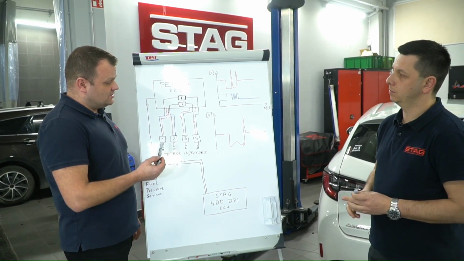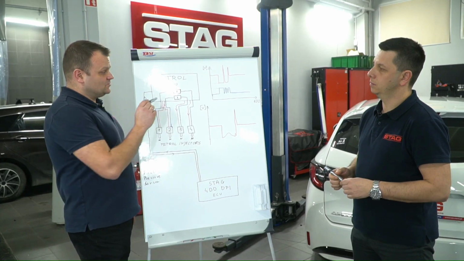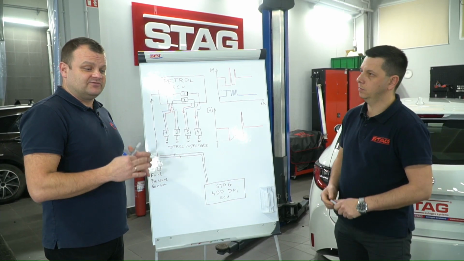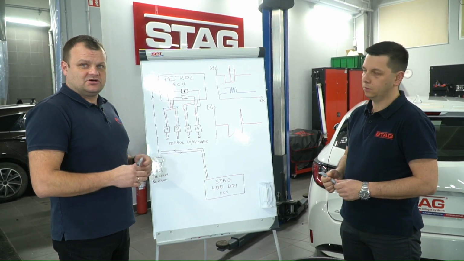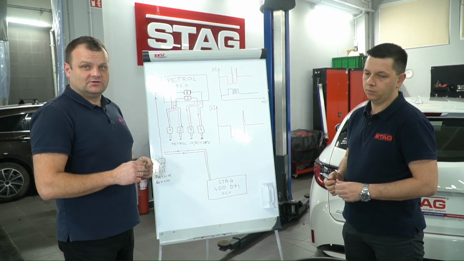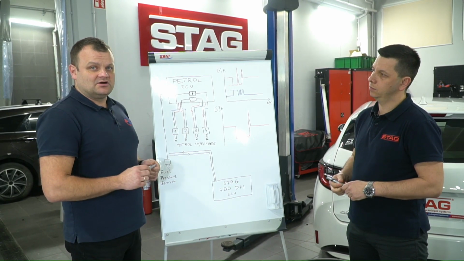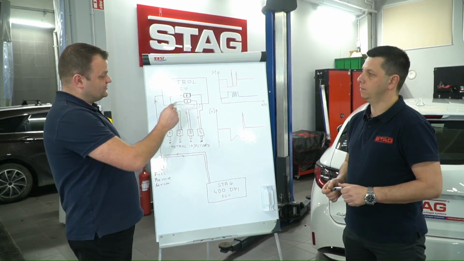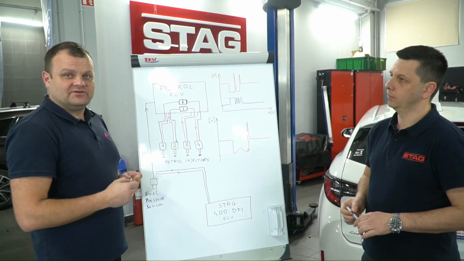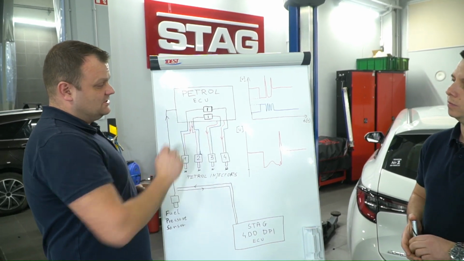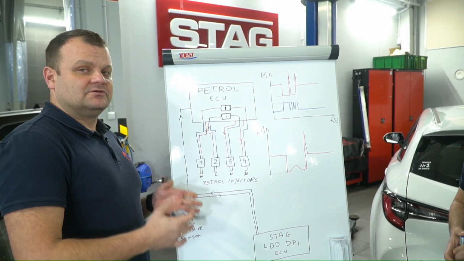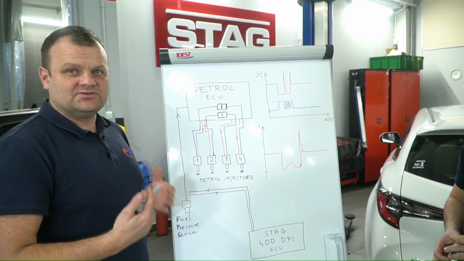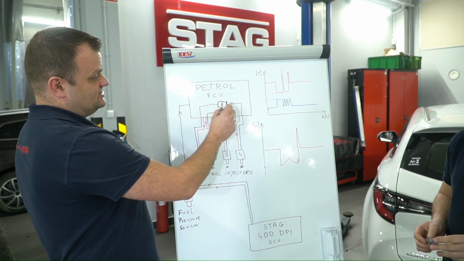So what is the explanation of this? In the Petrol ECU, because of high voltage, in a passenger car it's normally 12 volts, but the petrol injectors in DPI engines are supplied by a higher voltage. So inside the Petrol ECU there are kind of inverters, and these inverters convert voltage from 12 volts to 60 or 80 or even sometimes 100 volts.